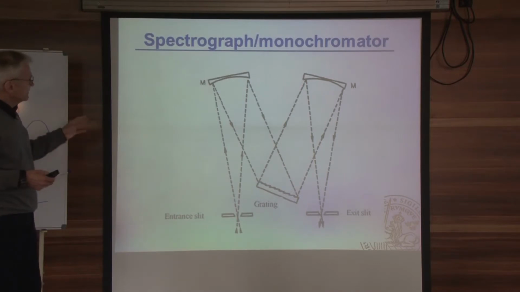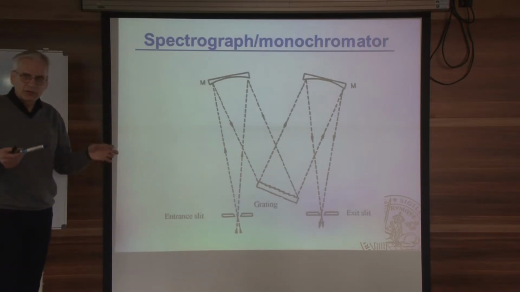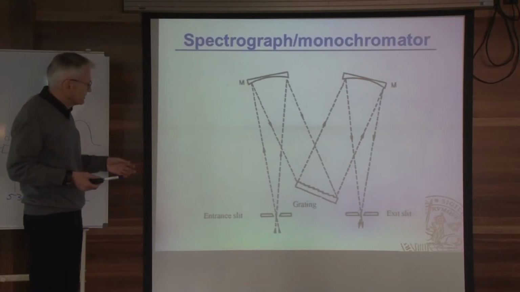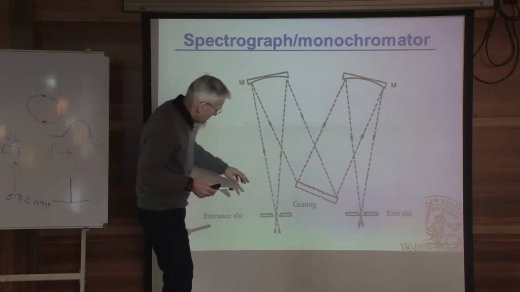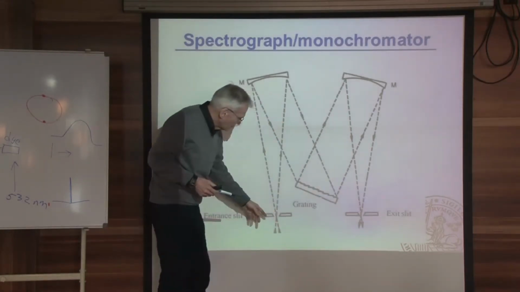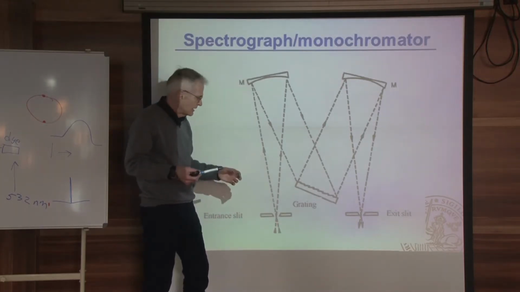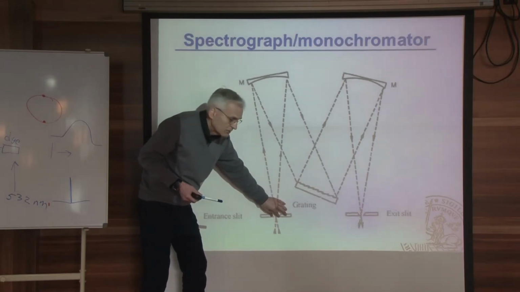And then finally, you maybe have heard that I've described spectrometers, spectrographs. That is a device that comes as a box. And in this box you have an entrance slit and an exit slit. So your light, that could be whatever light, sunlight or from the flame, is focused onto the entrance slit.